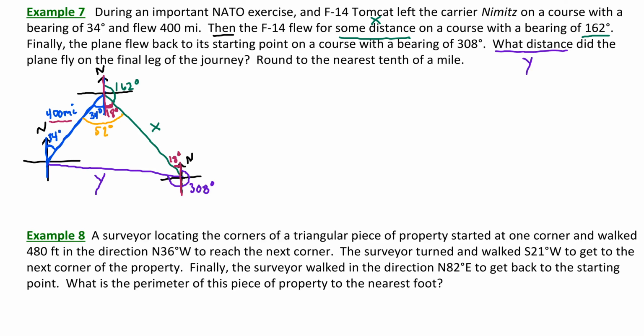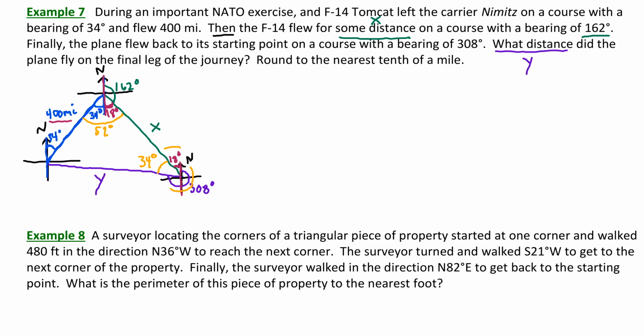Notice that the angle we're attempting to calculate completes a 360 degree rotation when added to the 18 degrees and the 308 degrees. So by taking 360 degrees and subtracting 18 degrees and subtracting 308 degrees, we can calculate this angle to be 34 degrees.